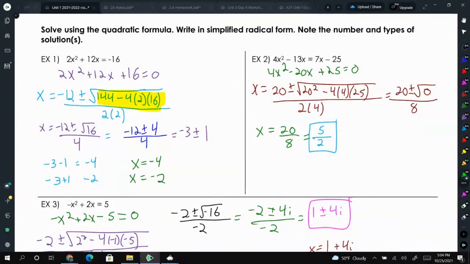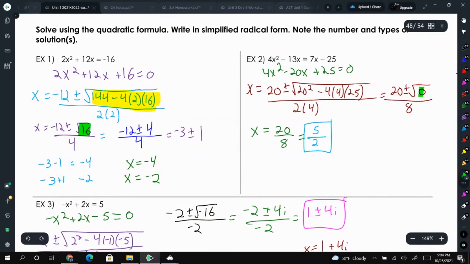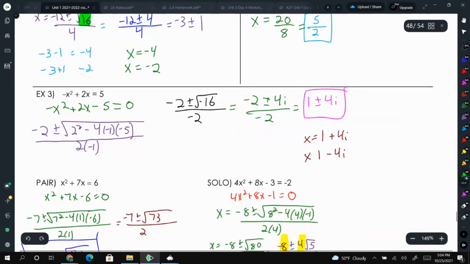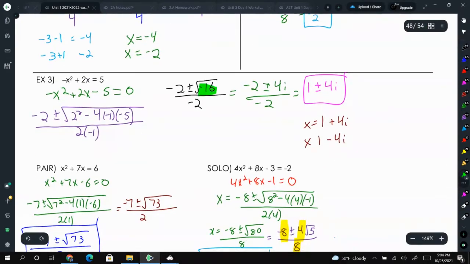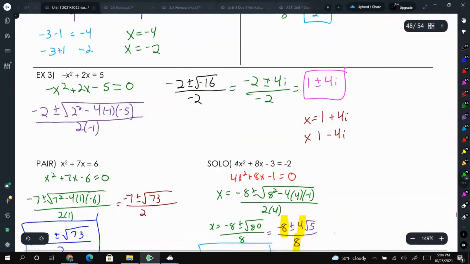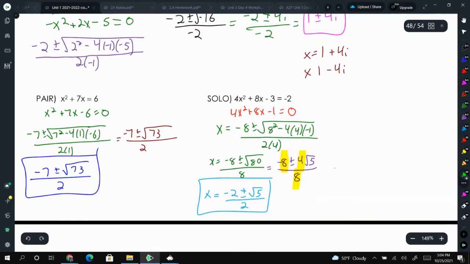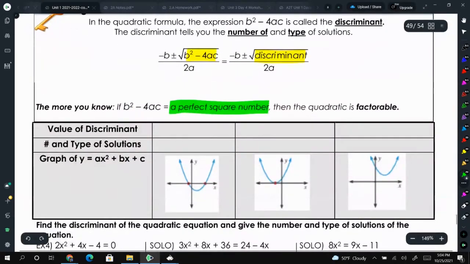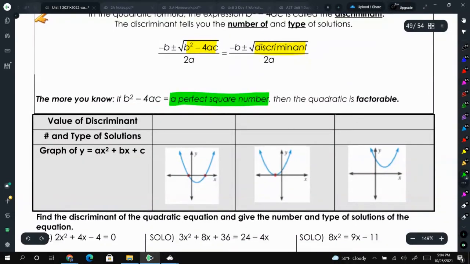I told you that we could factor example number 1, and look, our discriminant was 16. Perfect square. This one is factorable if you get a discriminant of 0. That also tells you that this is factorable. This one has negative 16. That's not a perfect square because that's negative 16. Down here, these were not perfect squares, so they were not factorable. That's just an extra bit of information.